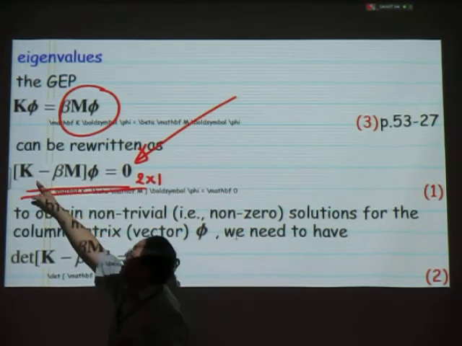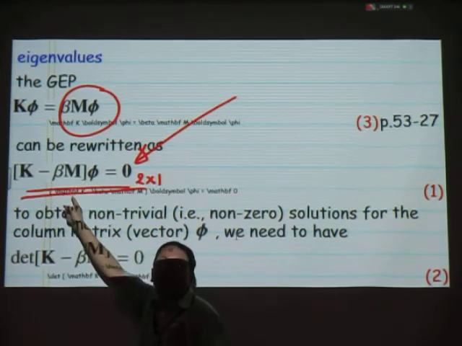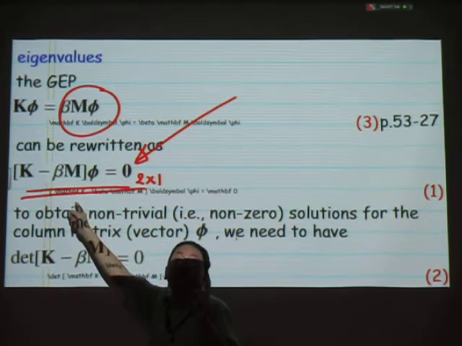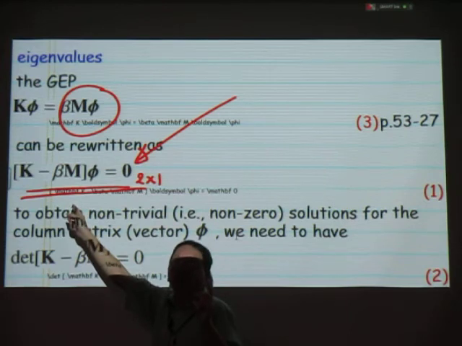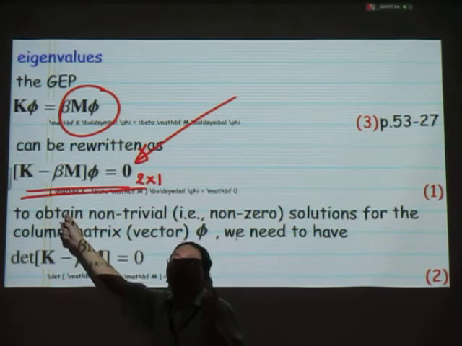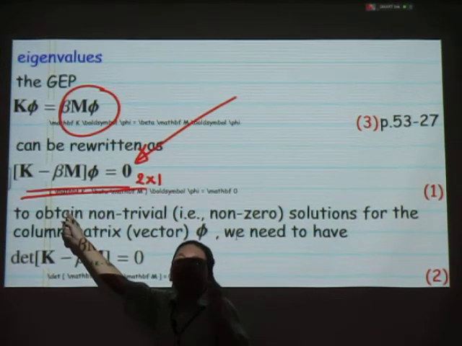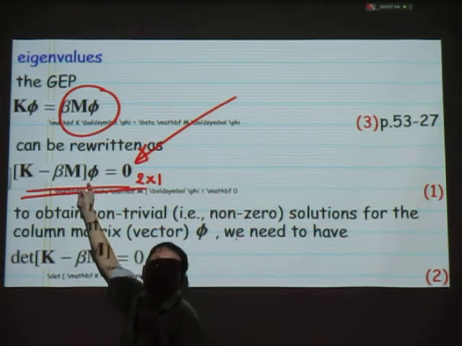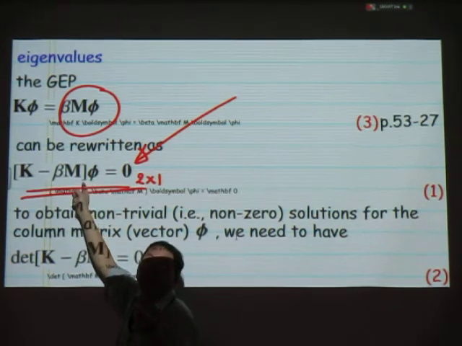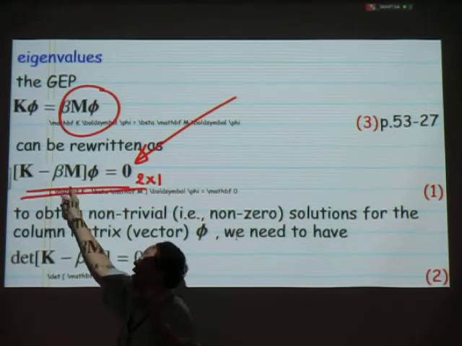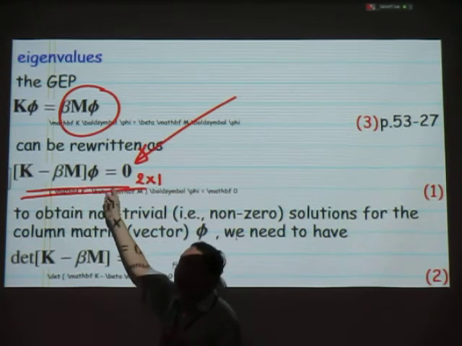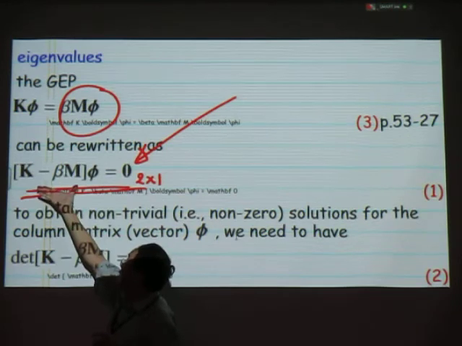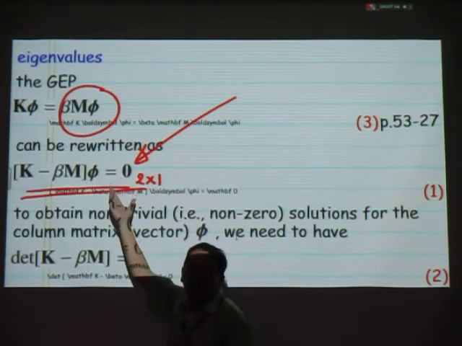Suppose that this matrix K minus beta M was non-singular. Non-singular means that the determinant is not equal to 0. If the determinant is not equal to 0, then the vector phi would be 0, because the right-hand side is 0. You can just invert this matrix, and therefore phi has to be 0.